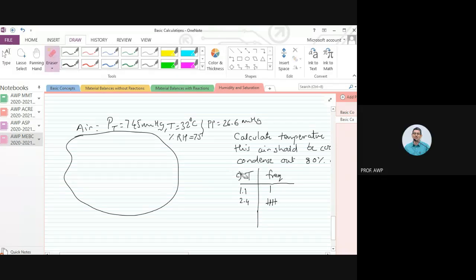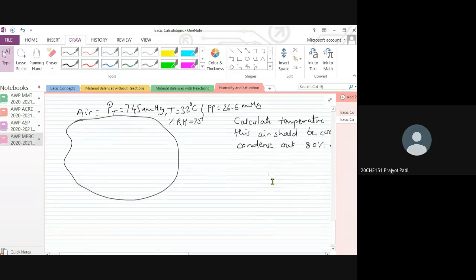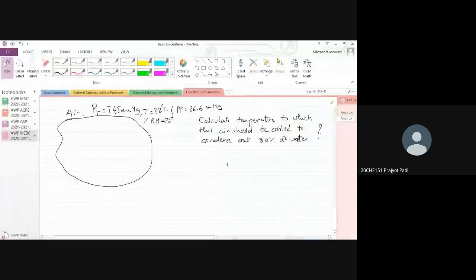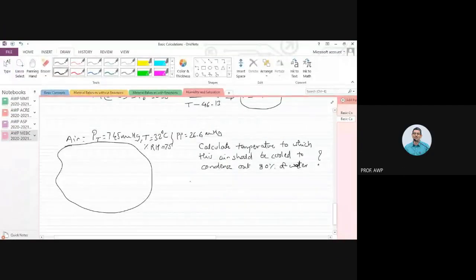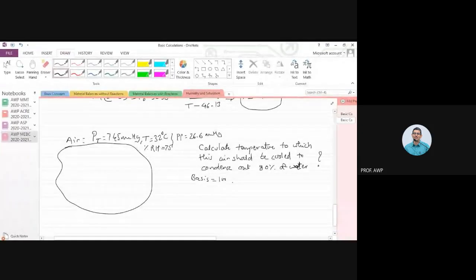Okay, Prajyot, can you tell us how you did the problem? Sir, I assume basis as 100 moles of dry air. Wait, let me write. Basis is 100 moles of dry air.